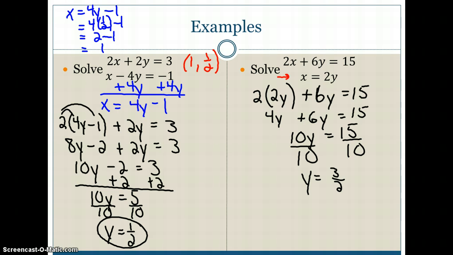Also, it's nice when we go back to substitute, again, that was already done for us. X is equal to 2 times 3/2. That ends up being 3. So our final answer is 3, 3/2. So there are 3 examples of solving systems by substituting.